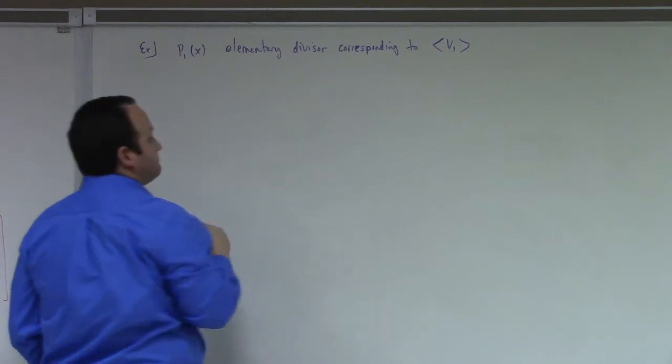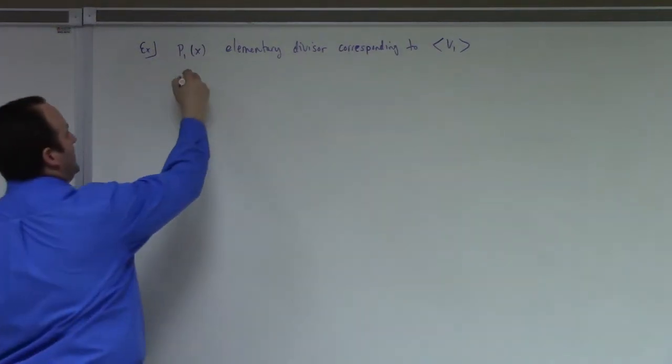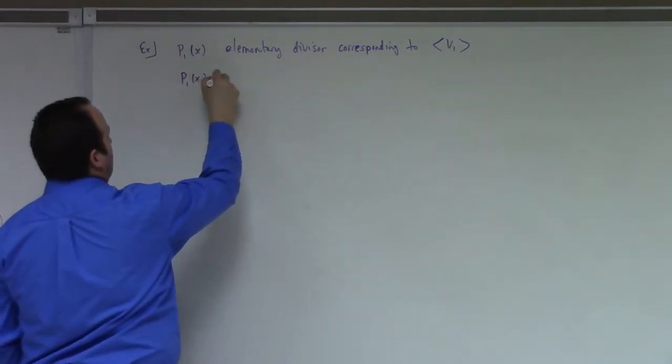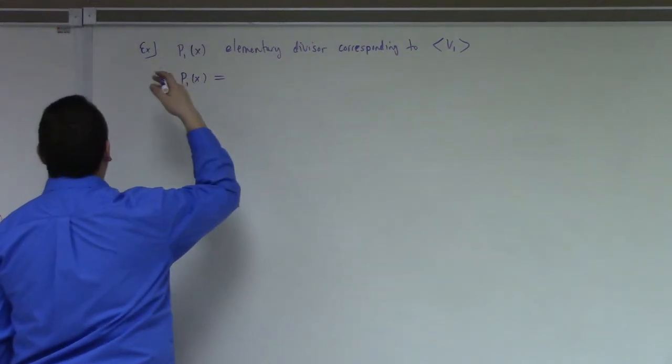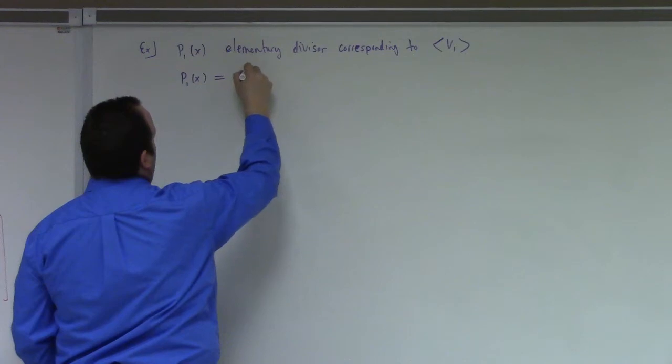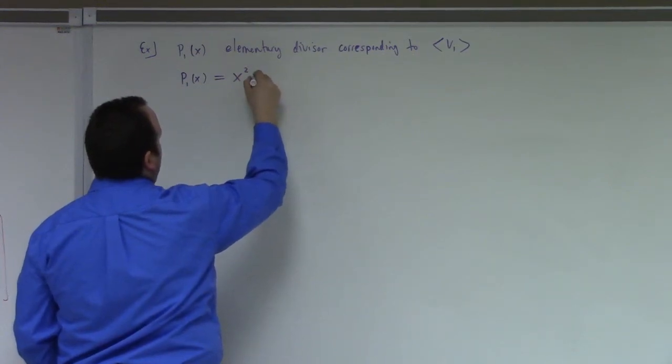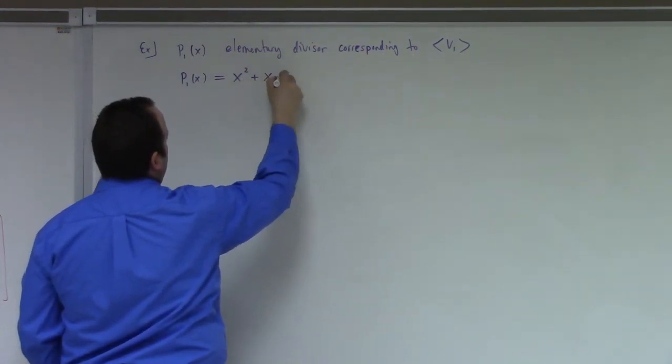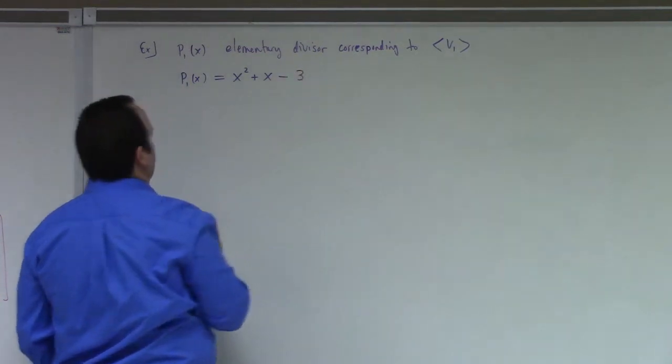And suppose P1 of x actually looked like the following. I don't know. Let's say x squared plus x minus 3. Okay.